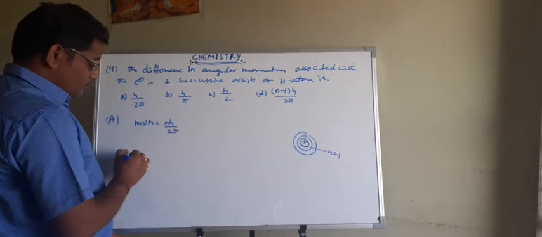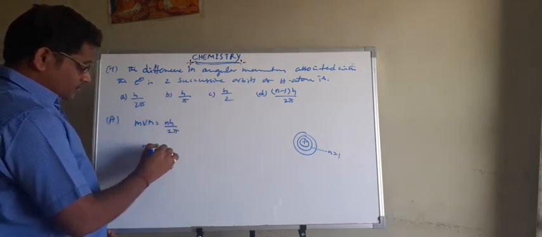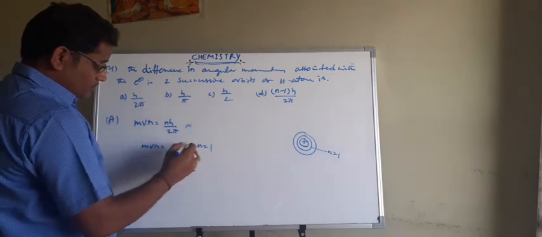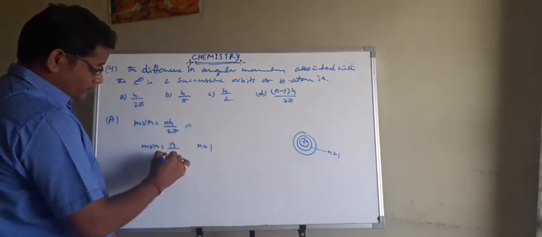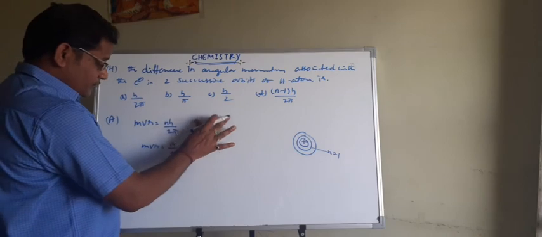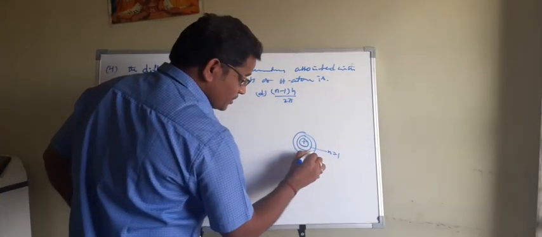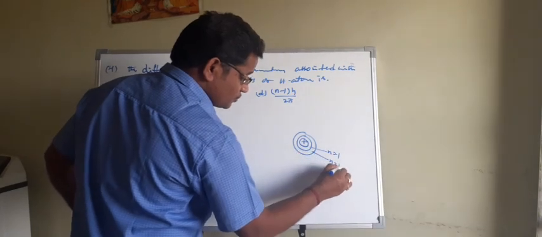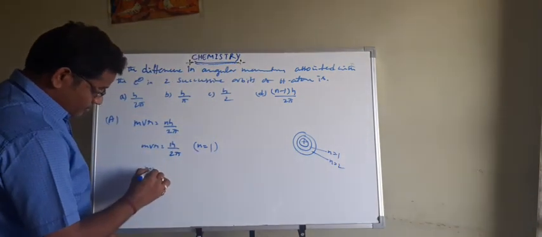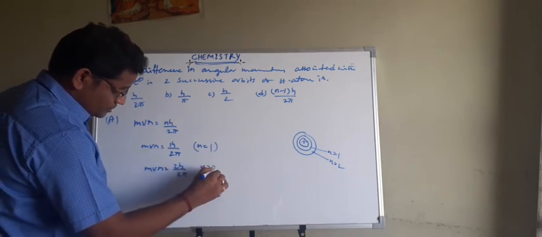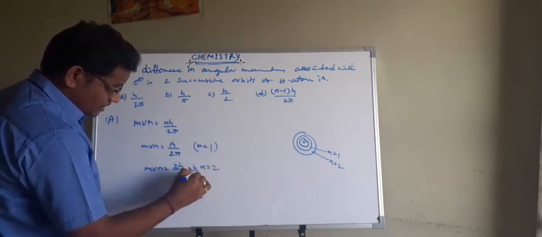According to this formula, for the first orbit, n is equal to 1, so mvr is equal to h by 2 pi. Like that, if the electron is present in the second orbit, n is equal to 2, so mvr is equal to 2h by 2 pi. The 2 cancels, then it is h by pi.